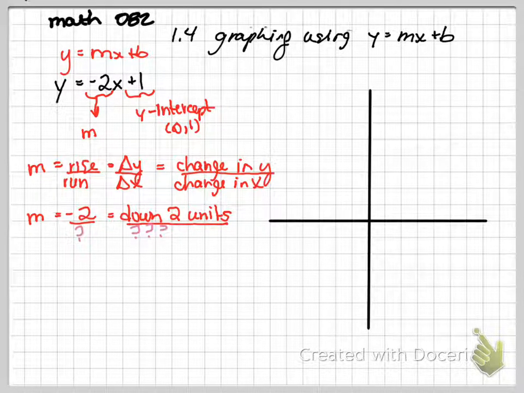So what could we do? Well, if you don't remember, one of the things that we can do is we can always go back and just put a 1 under here, because -2 over 1 is just -2. Okay, and notice that there's no negative sign down here, so I would go right 1 unit.